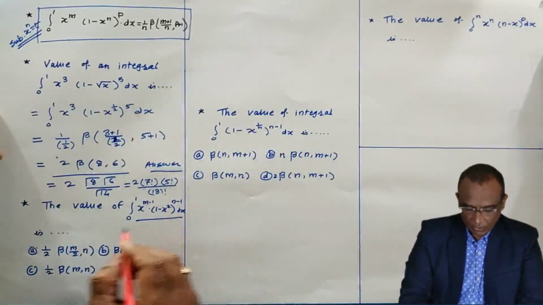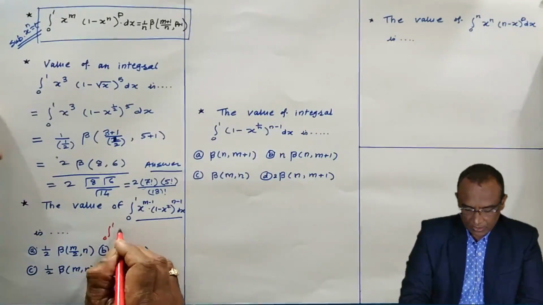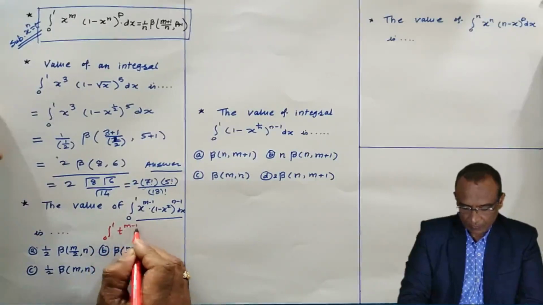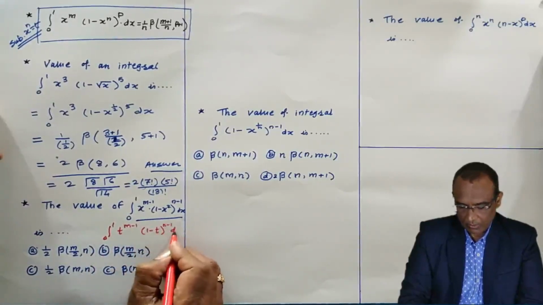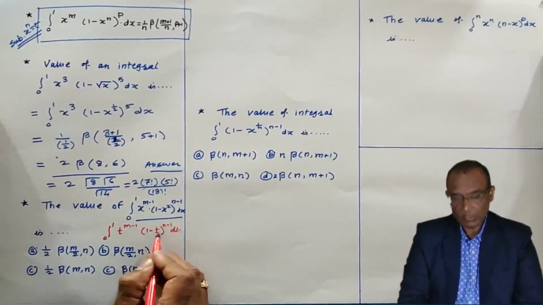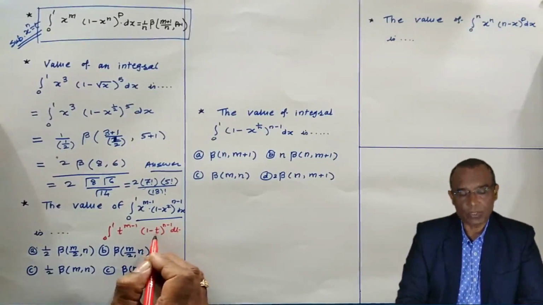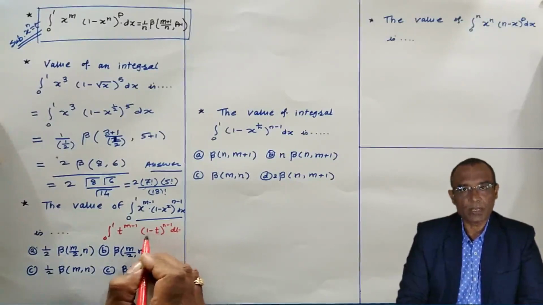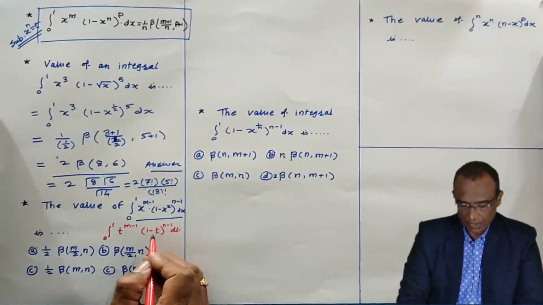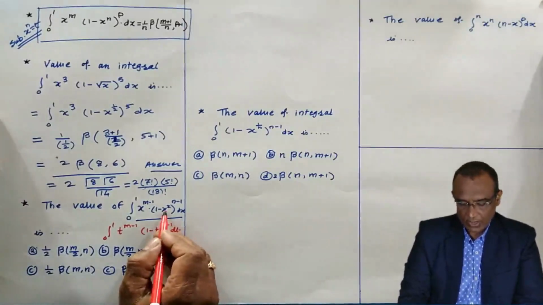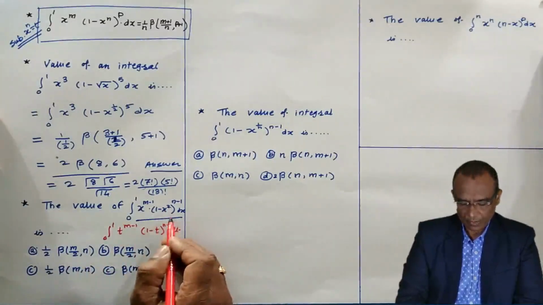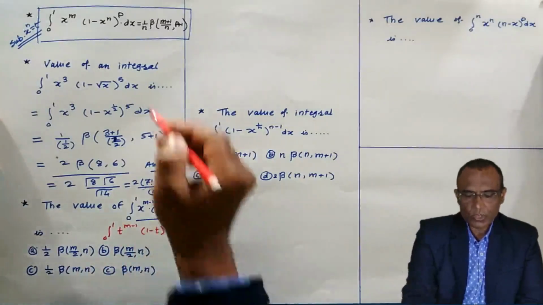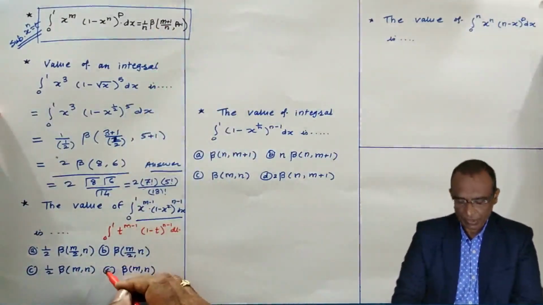Because in our beta function, this type of situation is there: 1 minus t. We want this linear factor, 1 minus t always, like 1 minus x, 1 minus t, 1 minus z. So substitute x square equal to z or t and try to solve, or use this formula and get the answer.